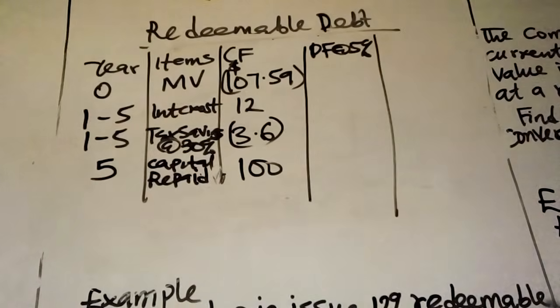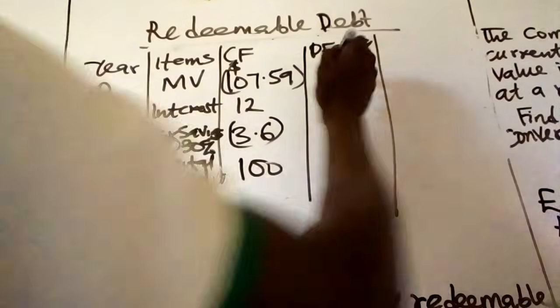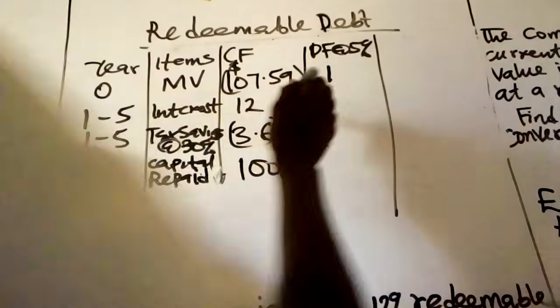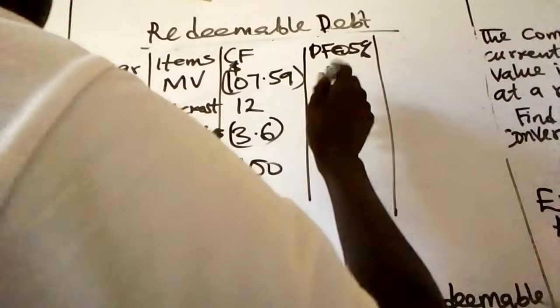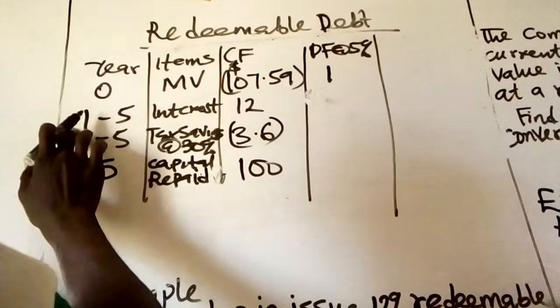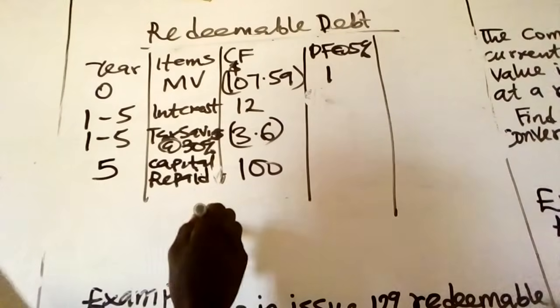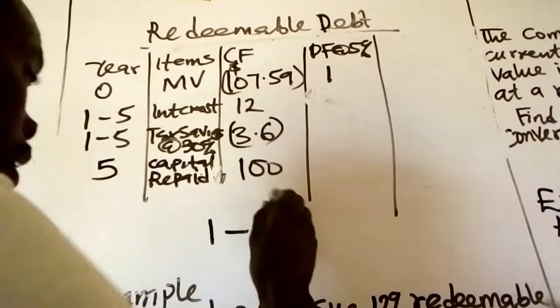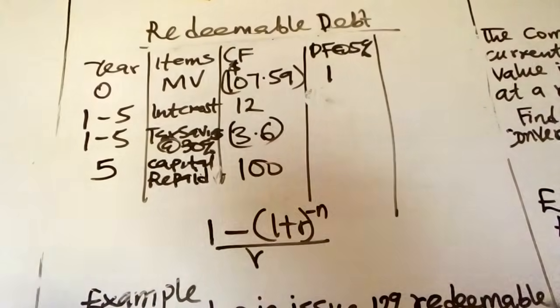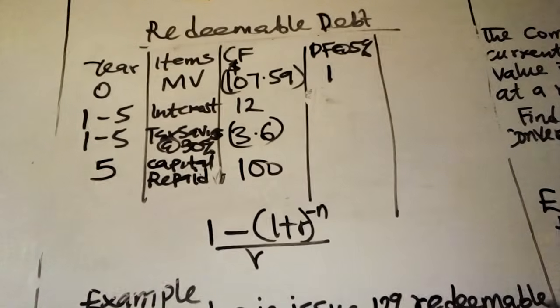So in year 0, we have 1. Discount factor at 5%: 1 divided by 1.05. Sorry, it's this cumulative you need for 5 years. Year 1 to 5, you use the annuity formula, which is 1 minus (1 plus r) raised to power minus n, over r. You make use of that formula since you need year 1 to 5.